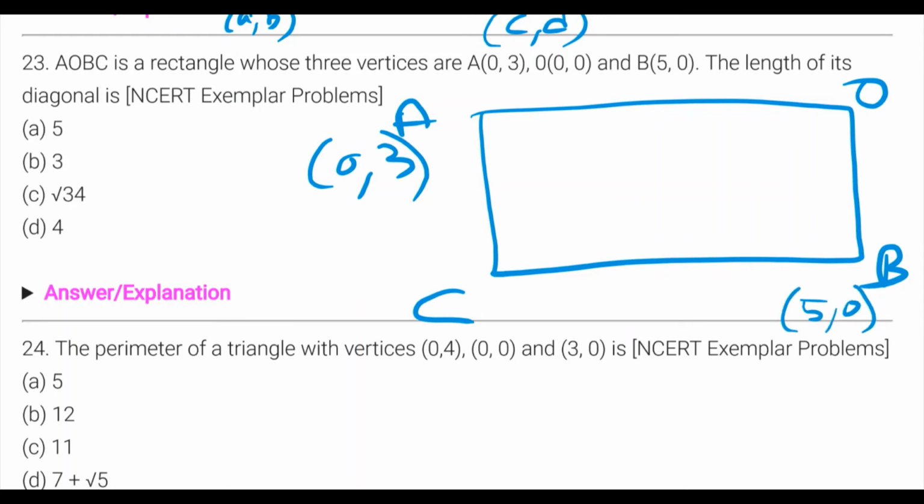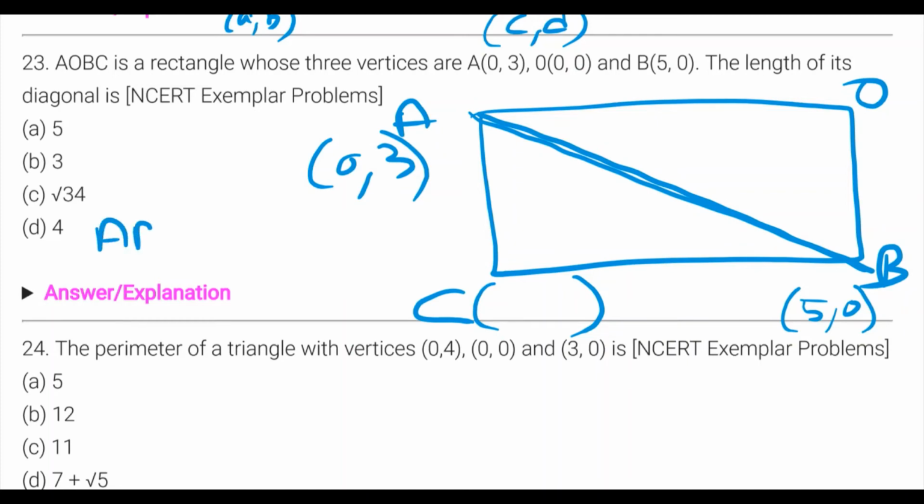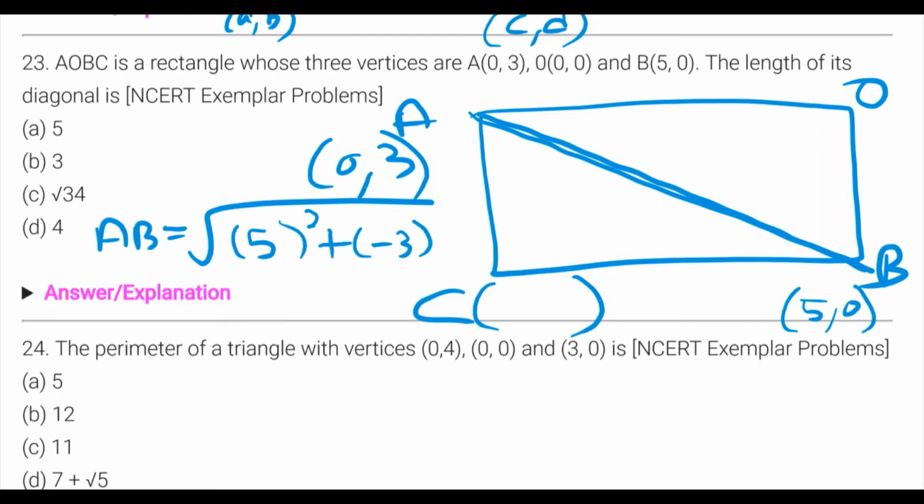The length of its diagonal is given by AB or OC. Since we don't have the fourth vertex, we can find the diagonal using the AB coordinates. So length of AB equals square root of 5 minus 0 whole square plus 0 minus 3 whole square. That equals root of 25 plus 9, which is root 34, option C.